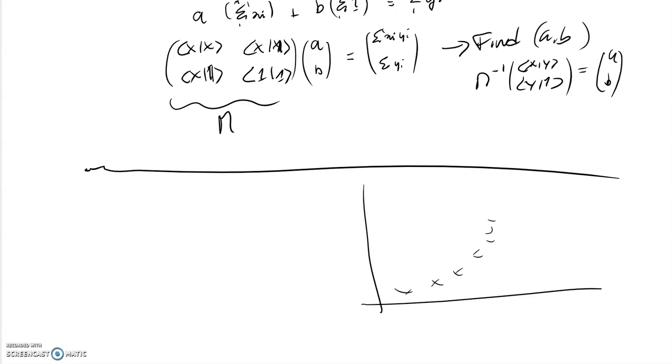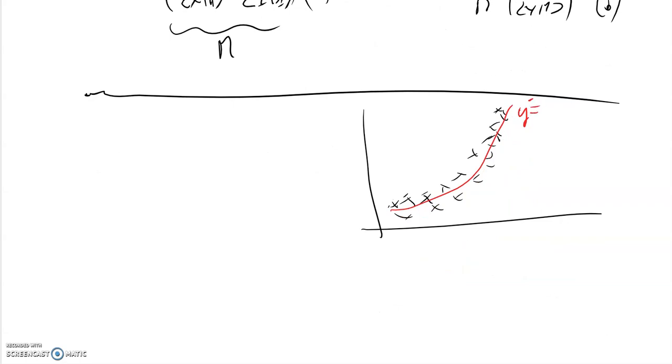What if, let's say that's your set, and we feel like it should be something like y is equal to some polynomial of degree 2, y equals a0 plus a1x plus a2x². Okay, so we still have some observations xi, yi, and the corresponding xj, yj.